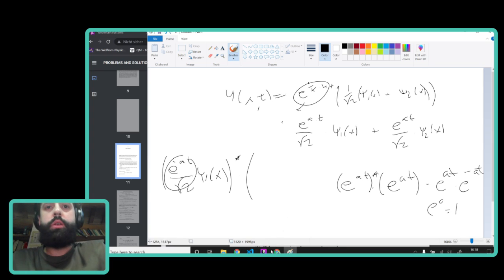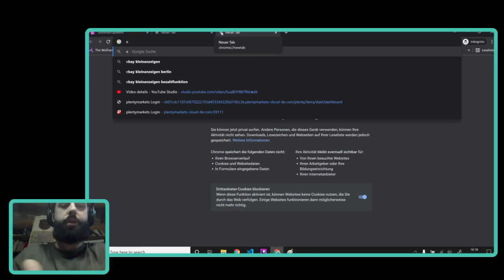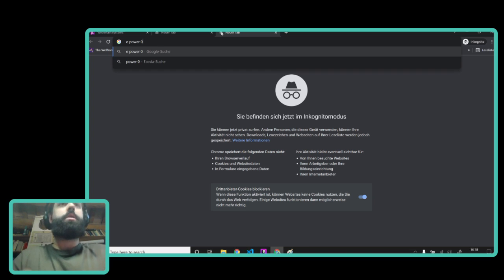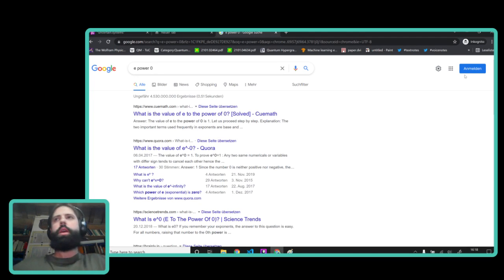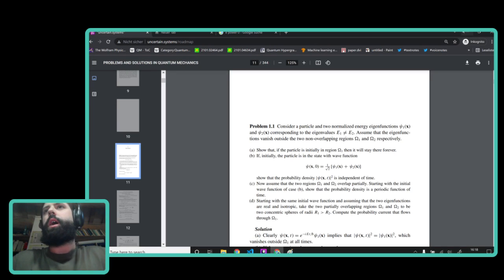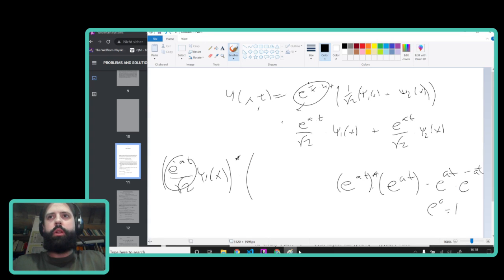Is e to the power 0 equal to 1? I think everything to the power 0 is 1, right? Yeah, I think that's true for everything. So that's why these are going to be time independent, and we're going to have to take a look at the factors here.